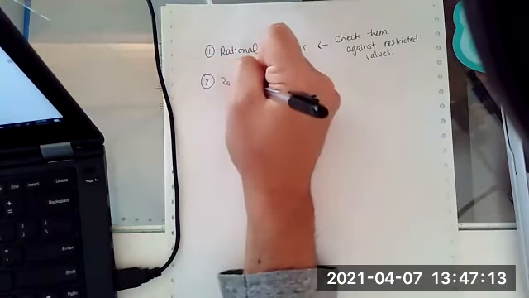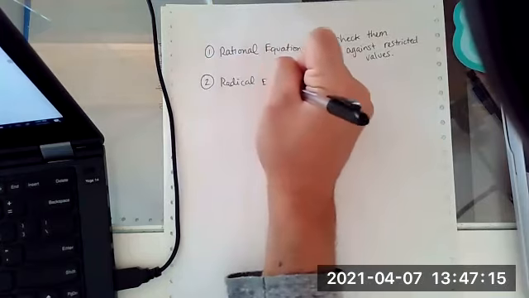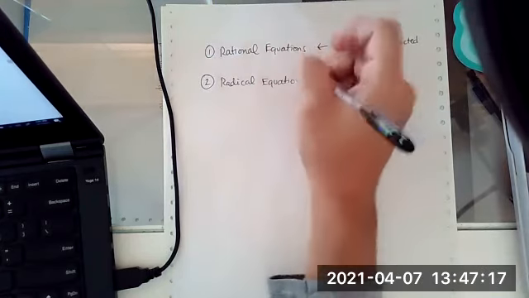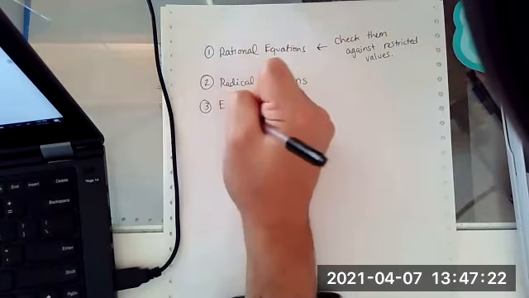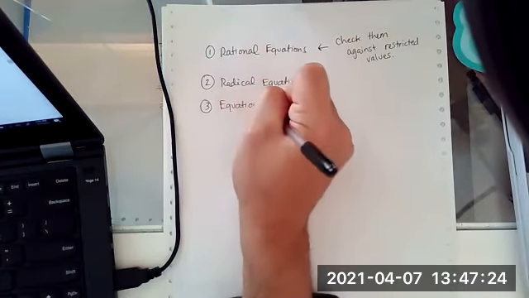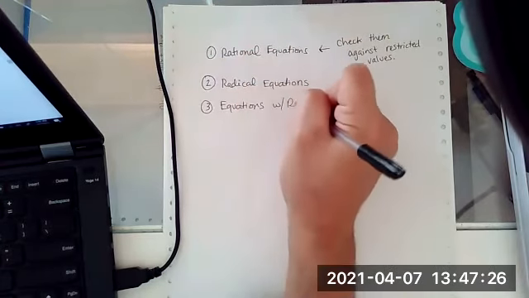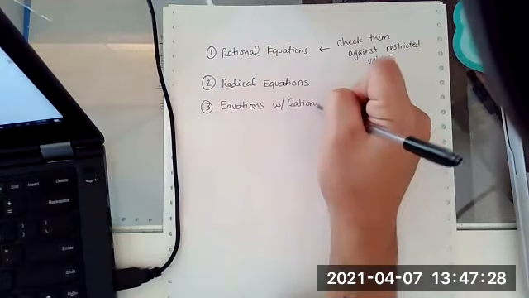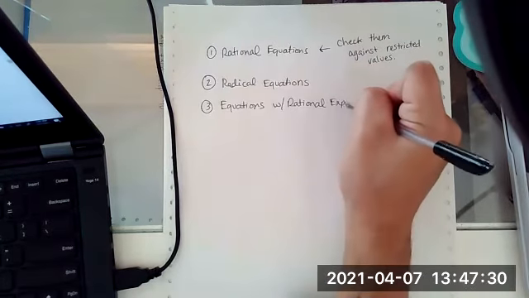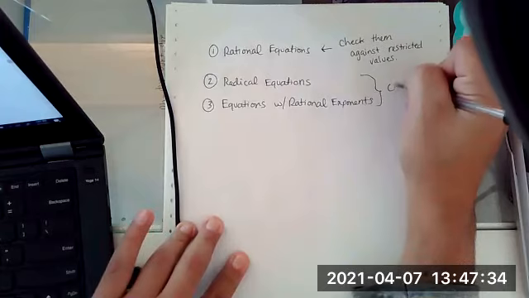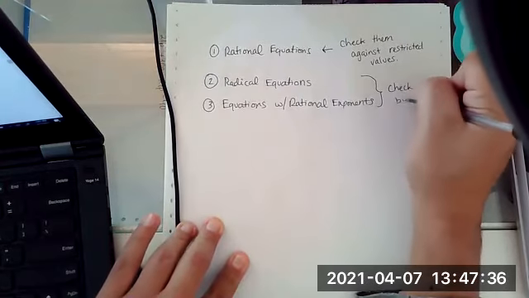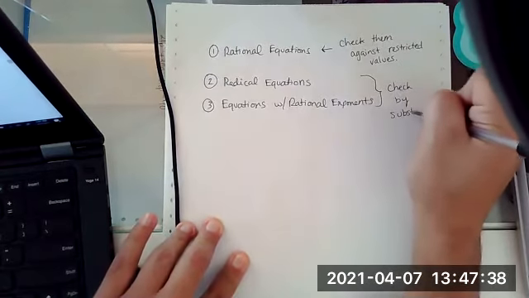For radical equations, which we'll work one of those here in a second, and equations with rational exponents, you do have to check by substitution.